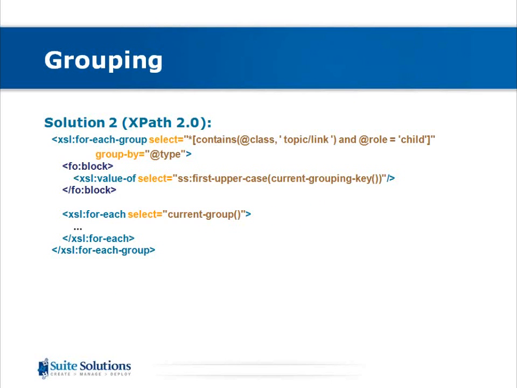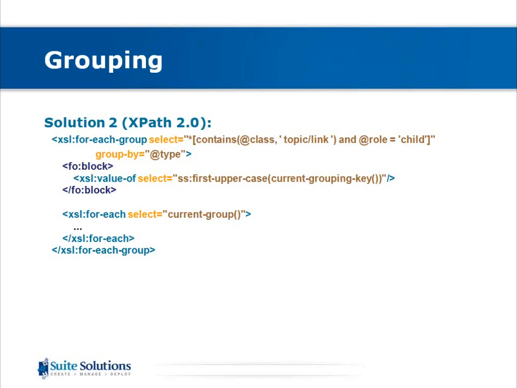And what that does is basically what our key did in the previous solution. Rather than cycling through each element, it cycles through each group of a particular set of elements when those elements are grouped by a particular value.